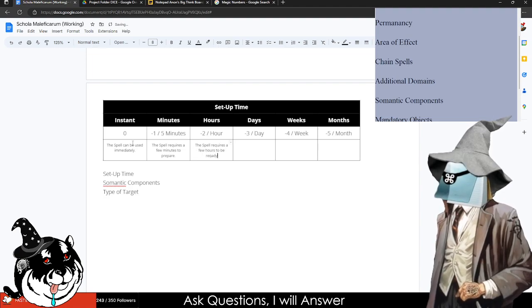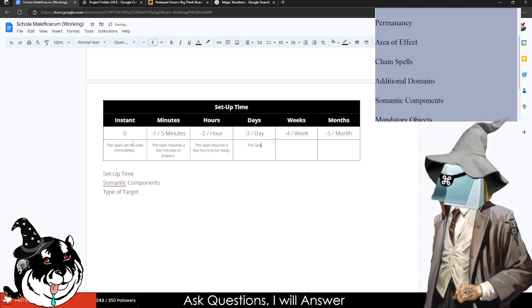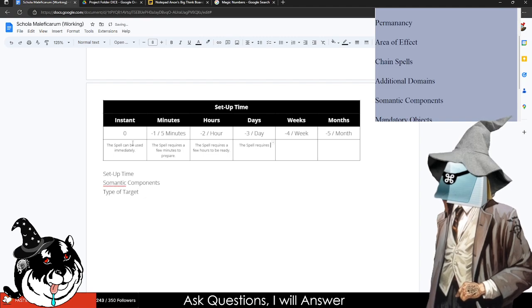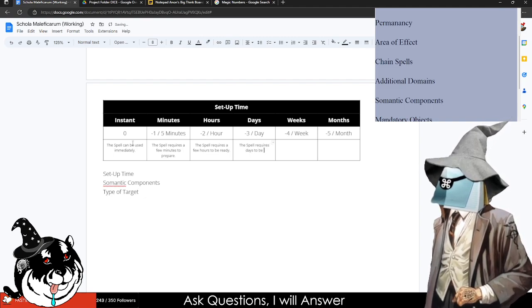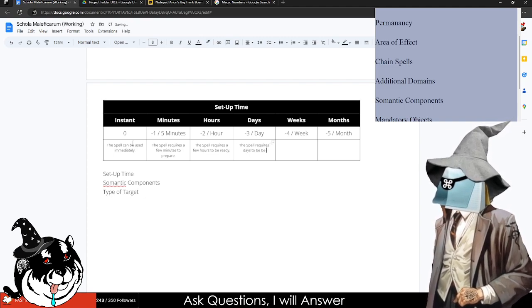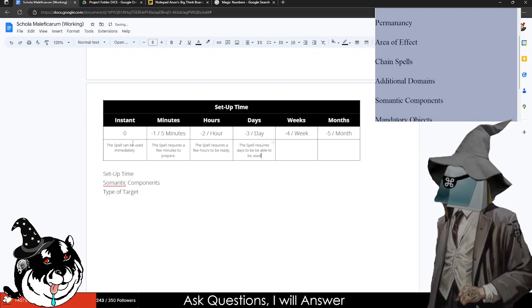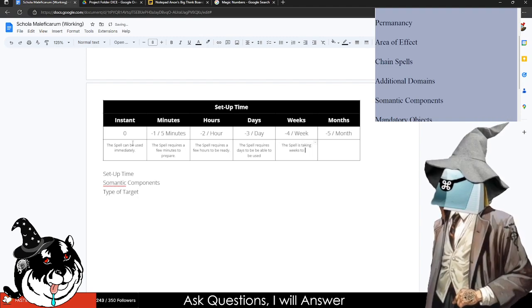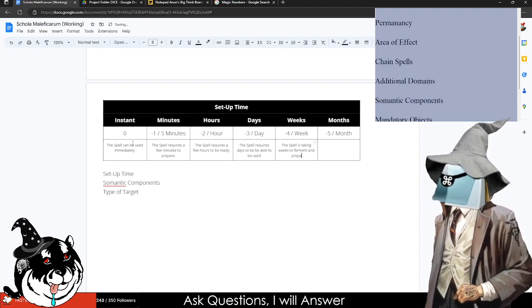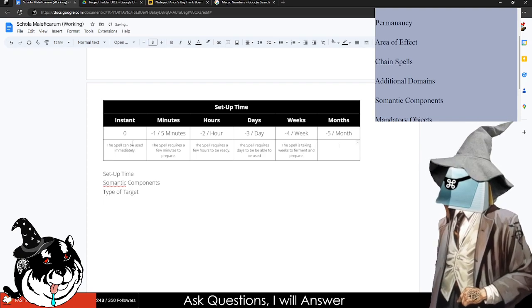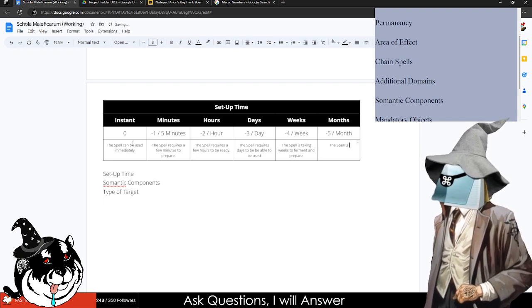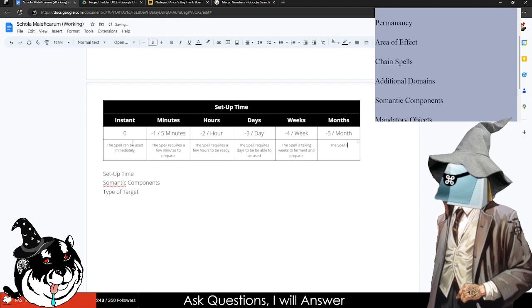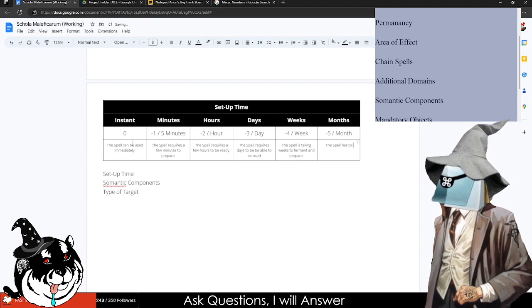This requires a few hours to be ready. The spell requires days to be able to be used. The spell is taking weeks. Weeks to ferment and prepare. The spell has to, what would be a good way?